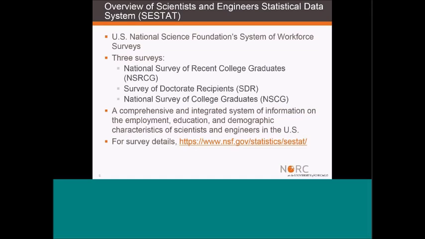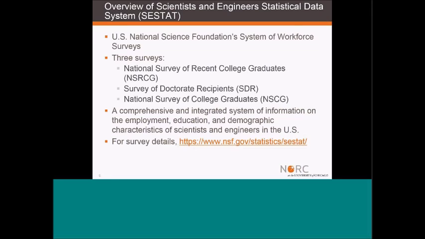The system, the format, from early 1990 to 2008, that the NSF maintained that structure, was basically based on three different surveys: the National Survey of Recent College Graduates, the Survey of Doctorate Recipients, and the National Survey of College Graduates.